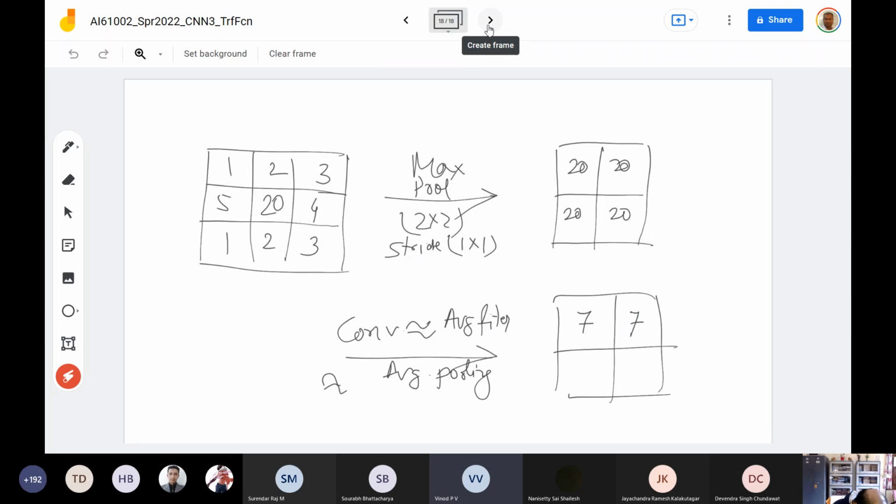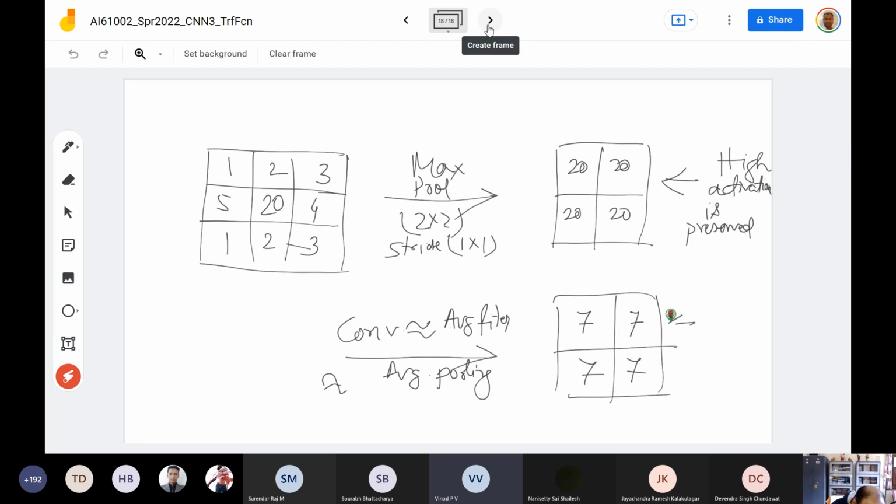Then this is 20 plus 6, 26 plus 2. This is also going to be 7. And this is also going to be 7. Now, if you compare between these two, in this case, this high activation is preserved.